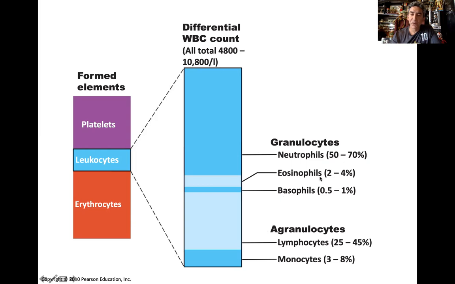Eosinophils about 2 to 4. And then basophils half to about 1%. So never let monkeys eat bananas. Neutrophils, lymphocytes, monocytes, eosinophils, and basophils, right? So the overall abundance of the individual leukocyte types here. Hope all this is making sense, yeah?